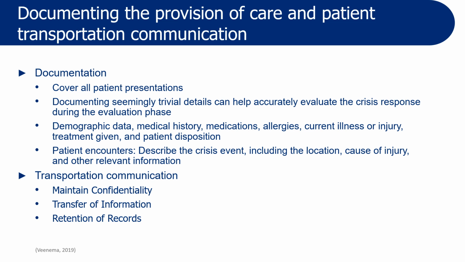A comprehensive medical record should include demographic data, medical history, medications, allergies, current illness or injury, treatments given, and patient disposition. Patient encounters should also describe the crisis event, including the location, cause of injury, and other relevant information.